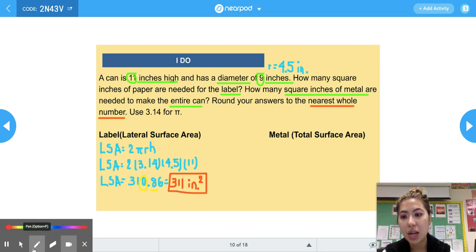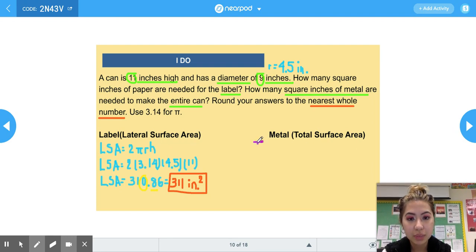Then moving on to our total surface area, we have TSA is equal to 2 pi radius squared plus 2 pi radius height, or h.